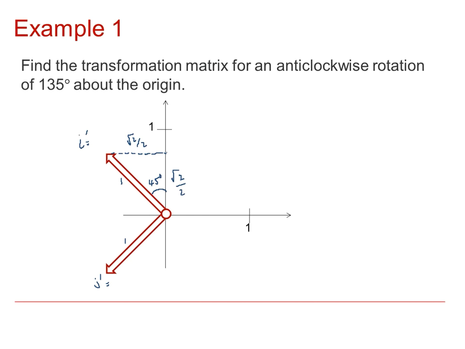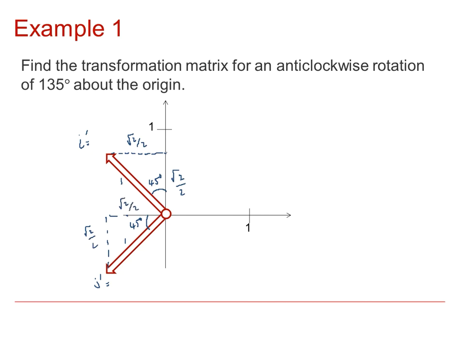Likewise, we can consider this angle here as 45 degrees and calculate the opposite and adjacent sides for this triangle, again with values root 2 over 2 and root 2 over 2.